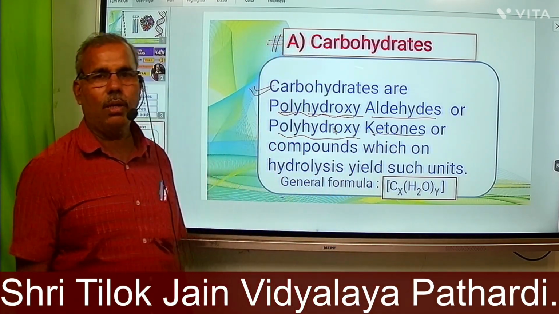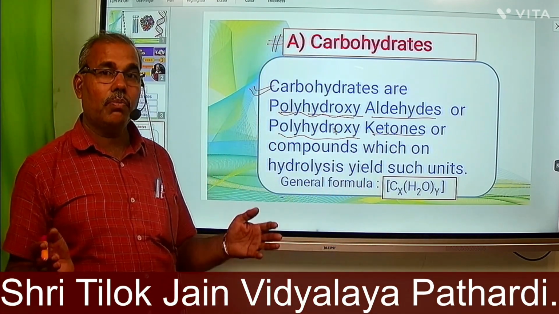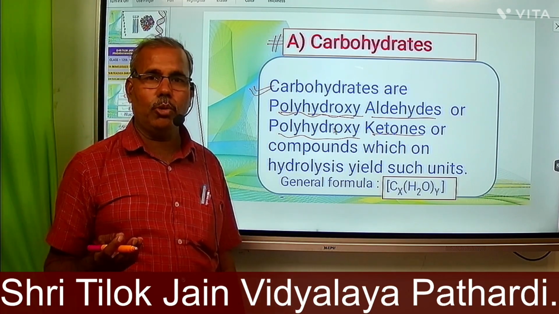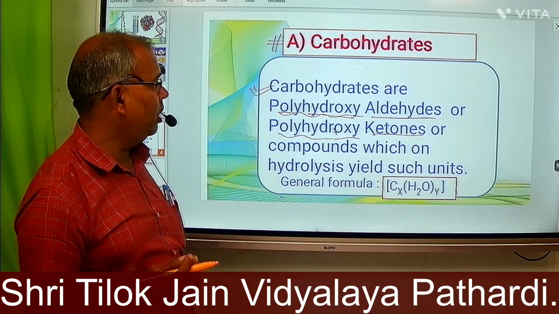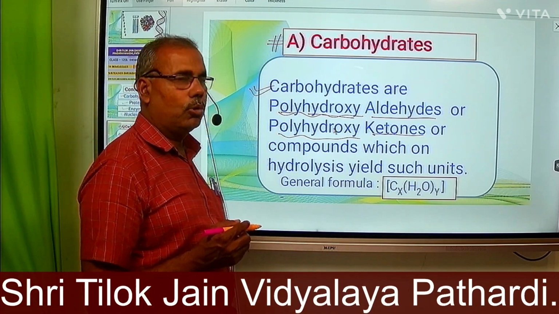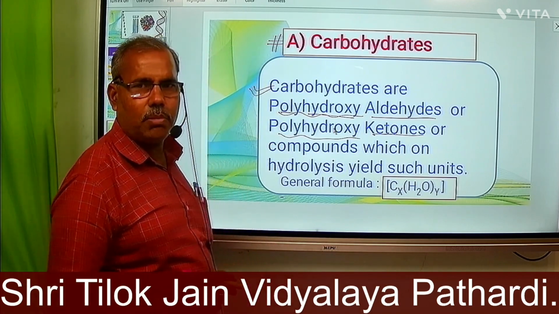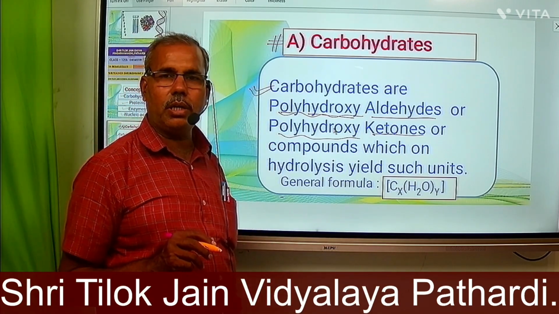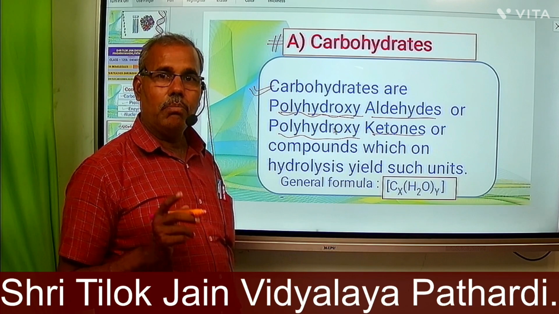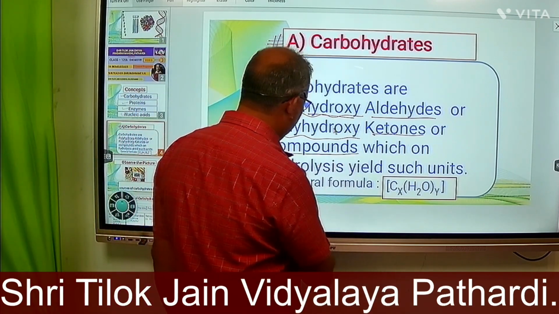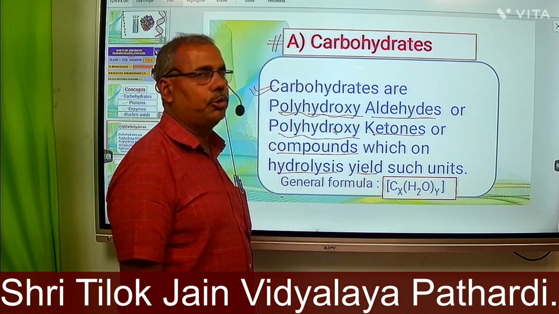They may be aldehydes containing more than one hydroxyl group, or ketones containing more than one hydroxyl group. Not only such compounds, but also compounds which on hydrolysis yield such units.